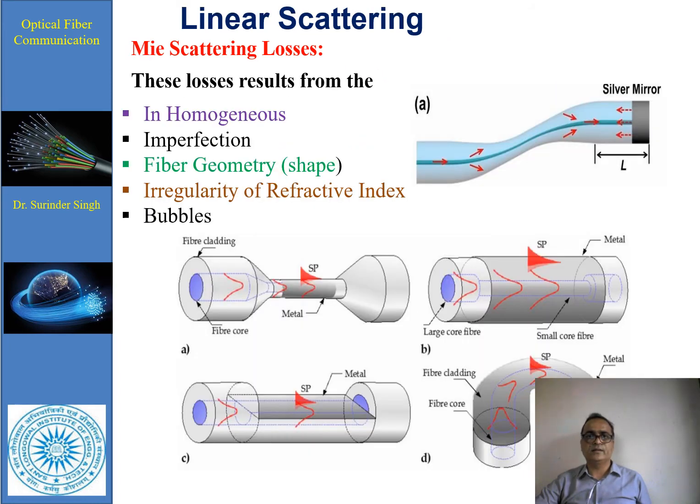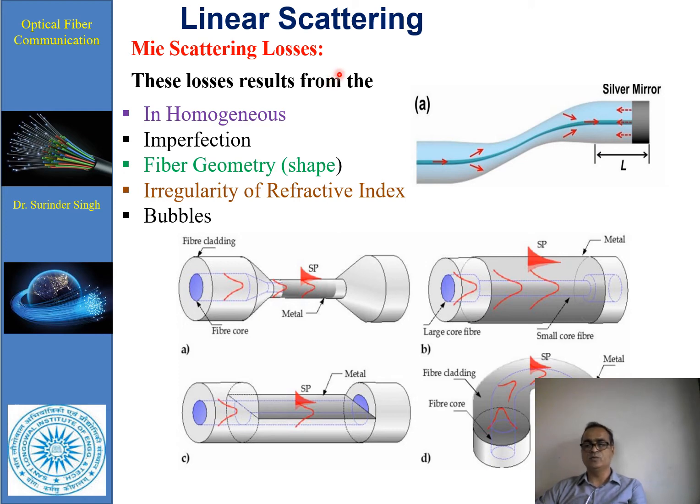Further, there is Mie scattering, the next is this linear scattering. Under this, Mie scattering loss occurs at inhomogeneities which are comparable in size to the guide.